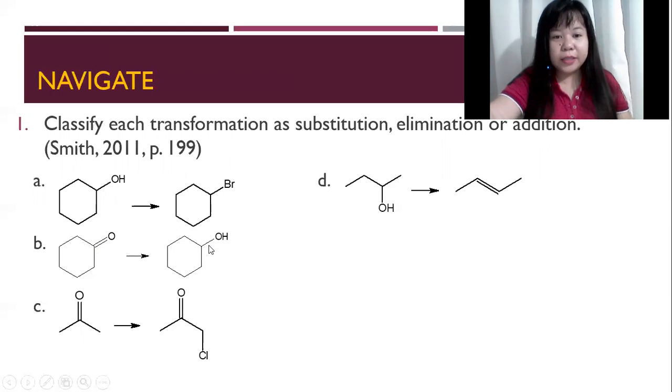The double bond has been removed. And then for letter C, what happened? There's a hydrogen here which has been replaced with a chloride, and then here, this was removed, and one hydrogen here was removed to form the double bond here.